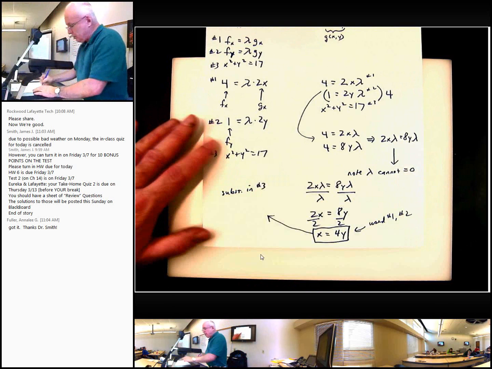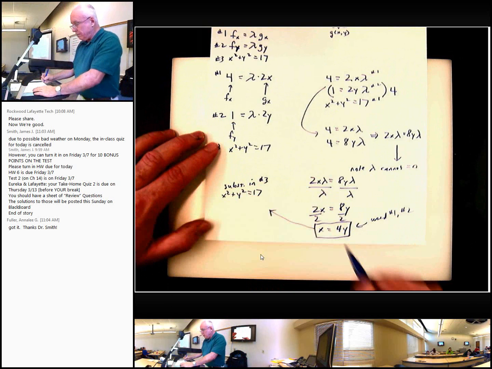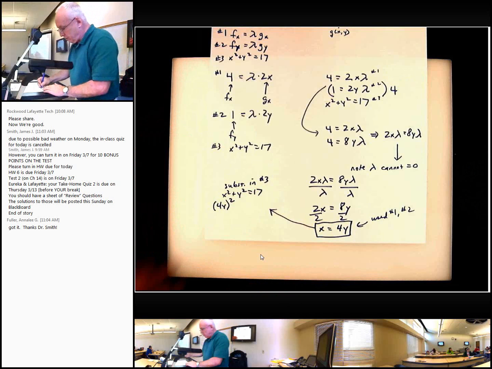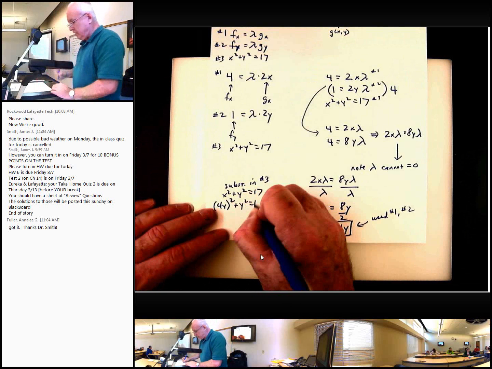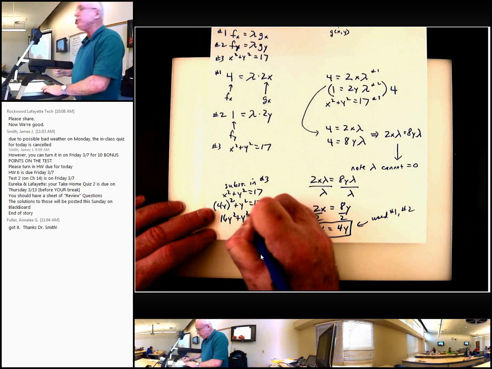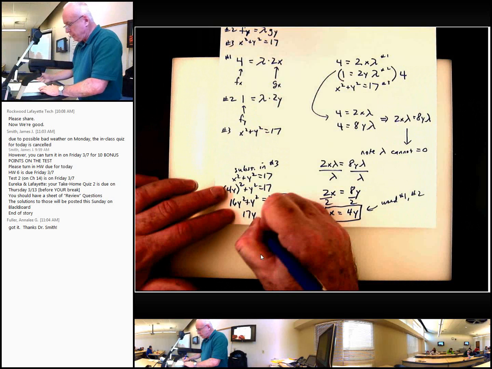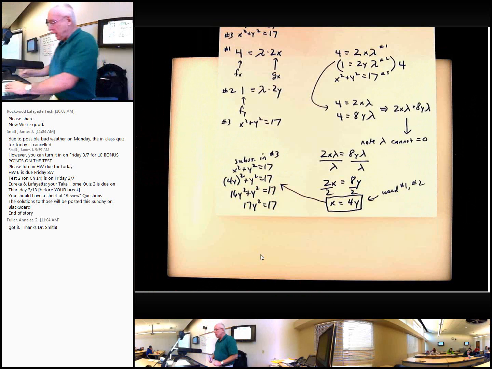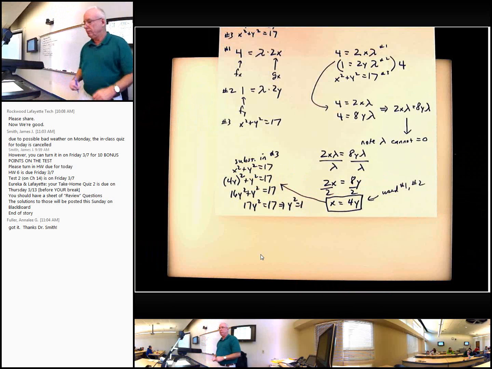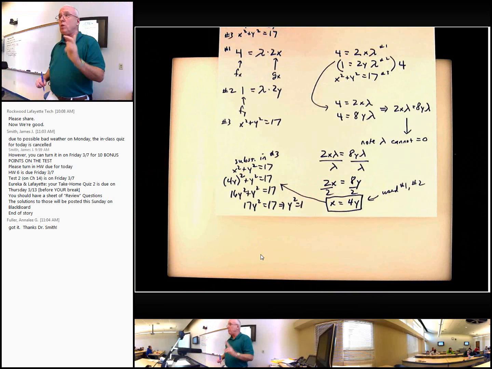So now number 3 is x squared plus y squared equals 17. So now I'm going to put parentheses, (4y) squared plus y squared equals 17. That's 16y squared plus y squared is equal to 17. Combined terms, that's 17y squared equals 17. Divide by 17, that's y squared is equal to 1. So that gives us two values for y, plus 1 and minus 1.